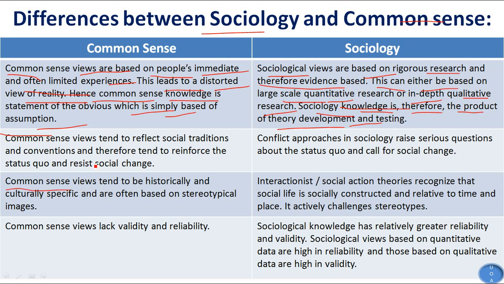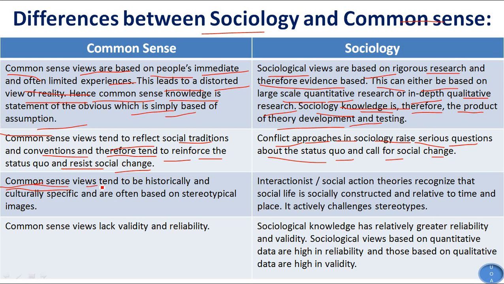Common sense views tend to reflect social traditions and conventions and therefore tend to reinforce the status quo and resist social change. Whereas conflict approaches in sociology raise serious questions about the status quo and call for social change, as Karl Marx believed in change, or Karl Marx is a conflict theorist.